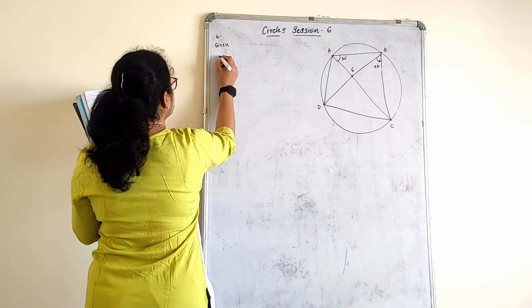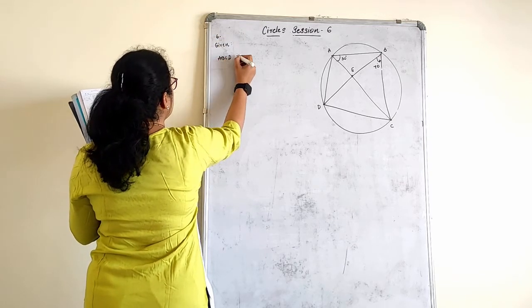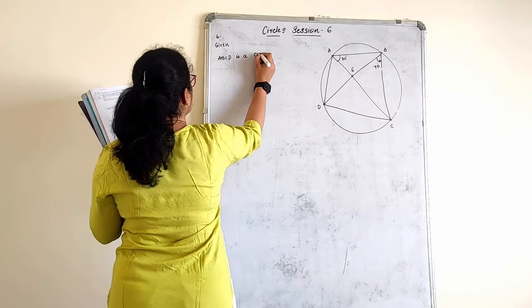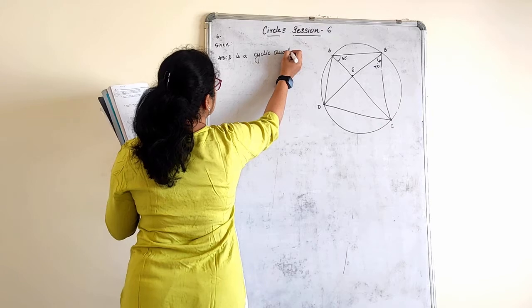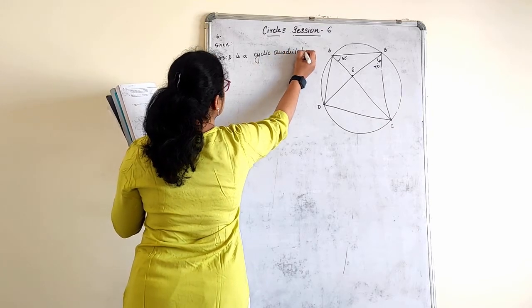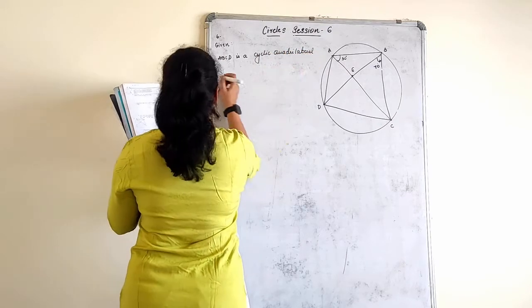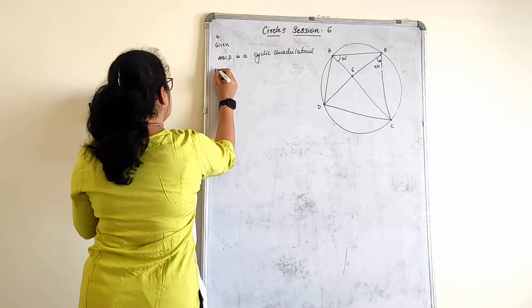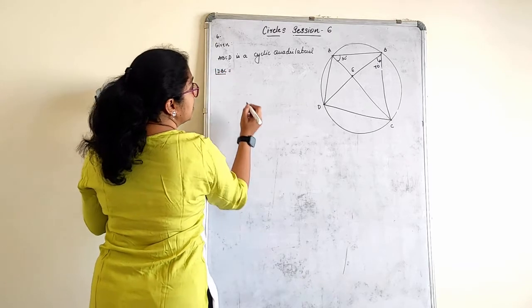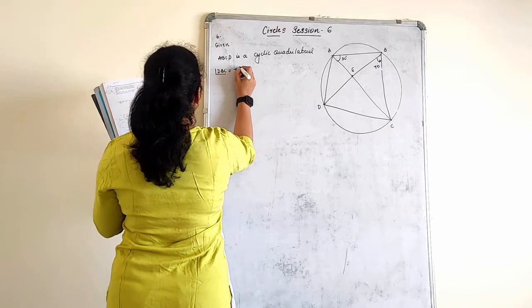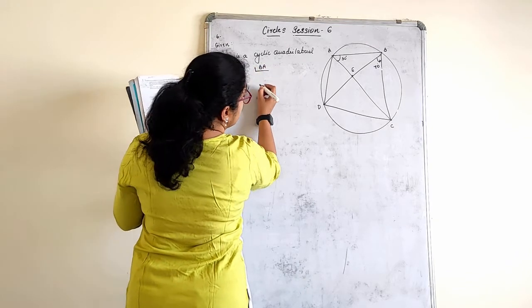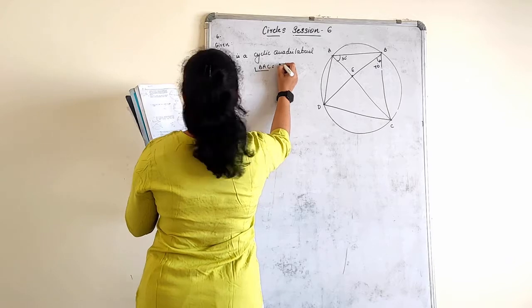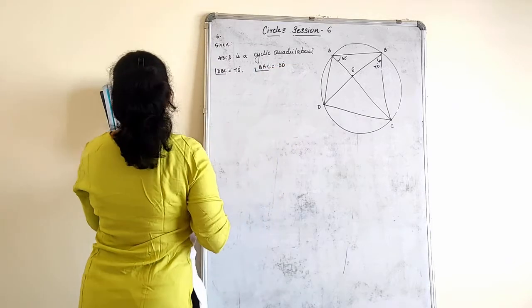Sixth one. ABCD is a cyclic quadrilateral. Angle DBC is equal to 70 degrees and angle BAC is equal to 30 degrees.